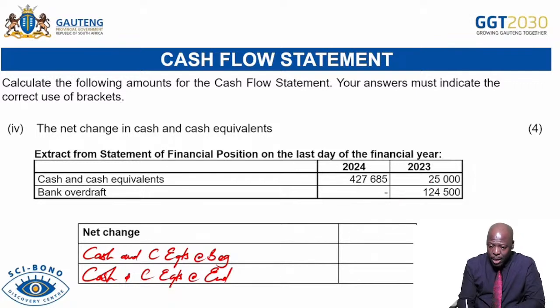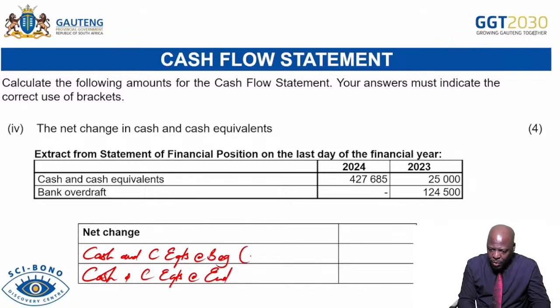Are we cool? All right, so let's start with the one at the beginning. Your cash and cash equivalents at the beginning is going to be your 2023 amount, because that is where we are starting from.